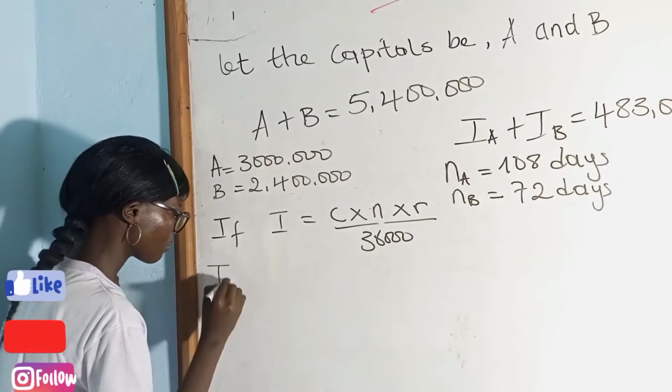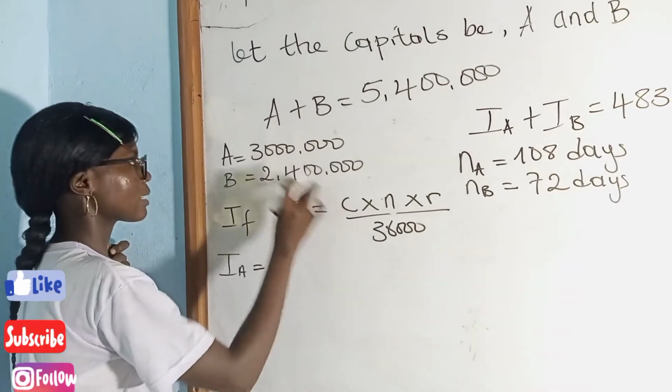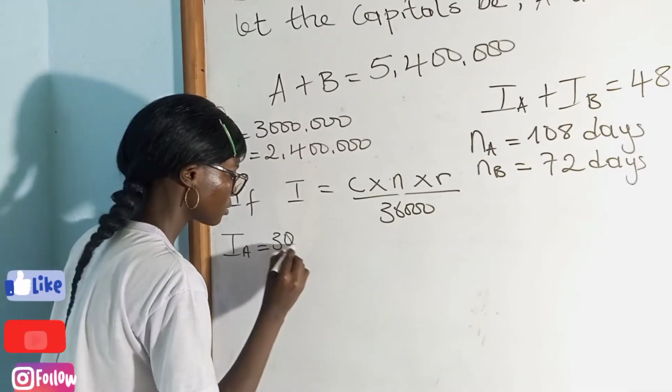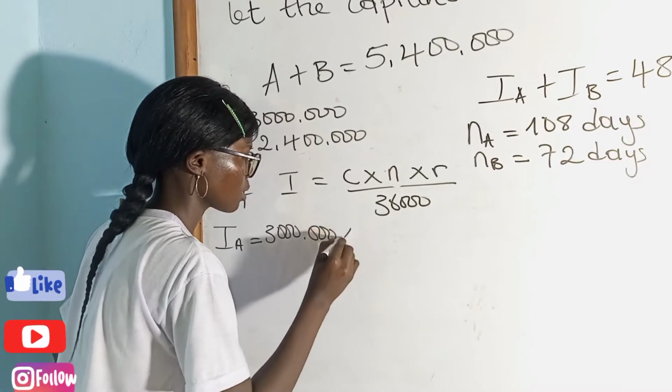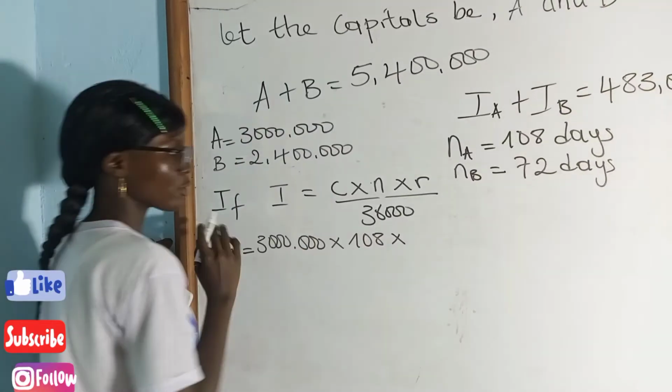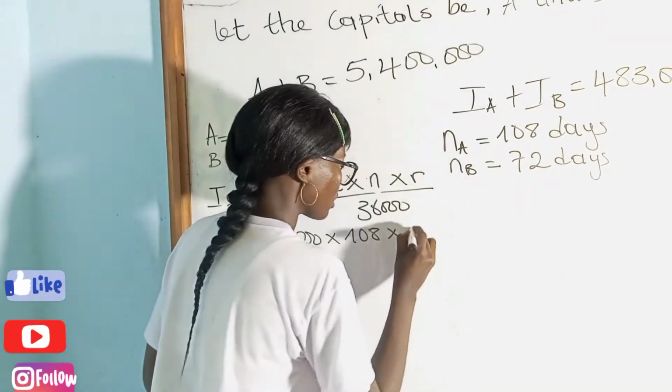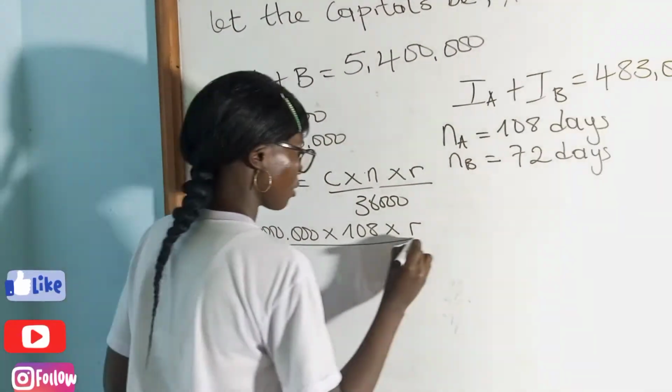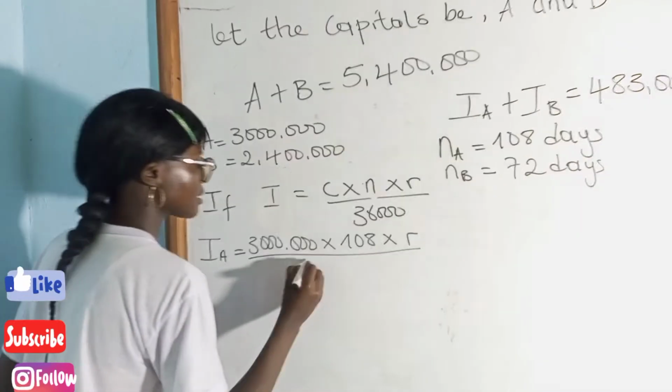You say the interest of A is equal to the capital of A, which is 3 million, times the number of days of A, which is 108, times the rate, which we do not know, all over 36,000.